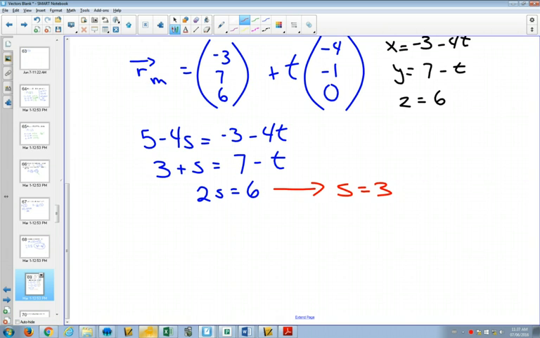If s is equal to 3, you can choose either the first or the second equation, plug it in, and solve for t. Can you see that t would equal 1?